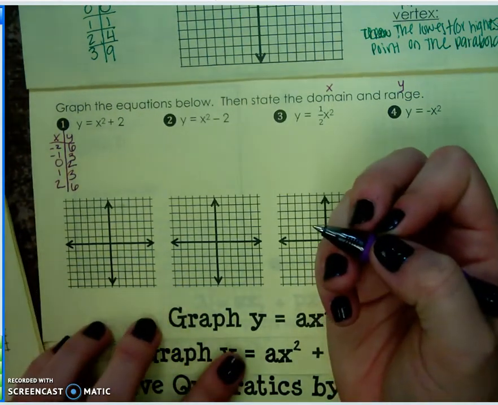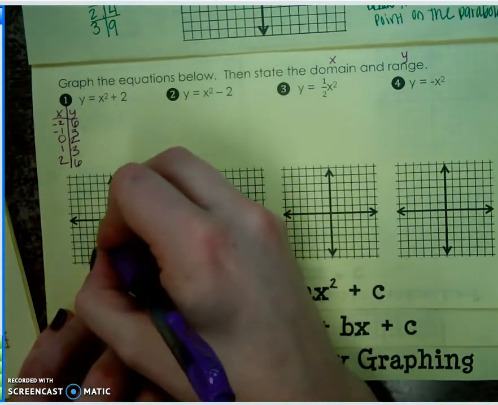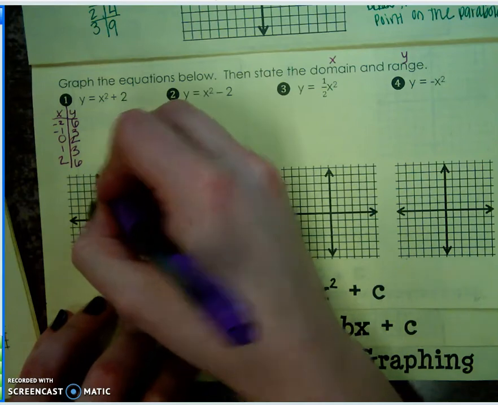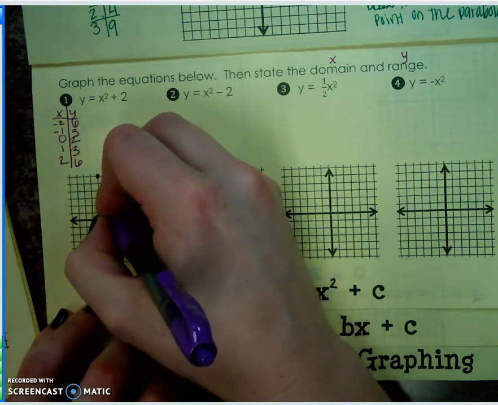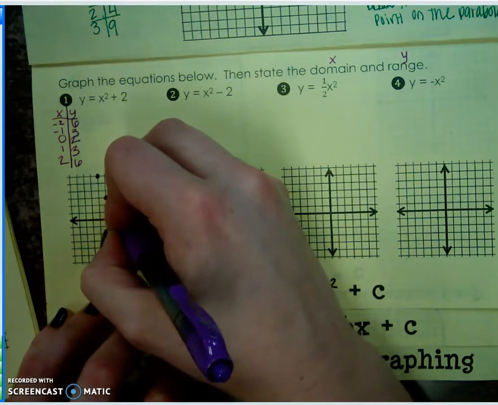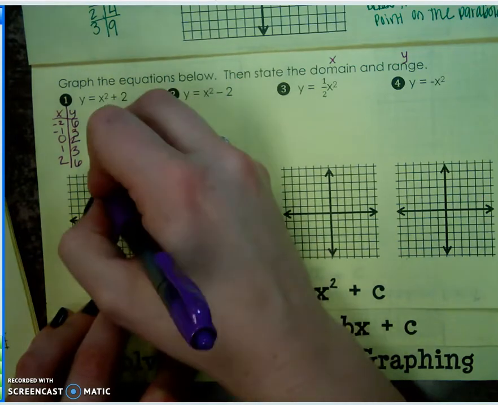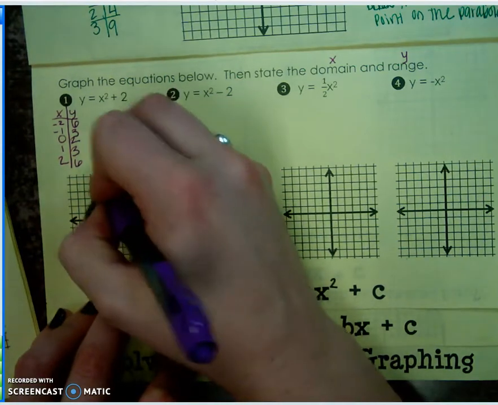Okay, so let's go ahead and plot that here. -2, 6, -1, 3, 0, 2, 1, 3, and 2, 6. Okay, so there's my parabola.